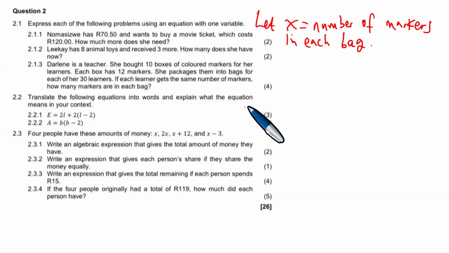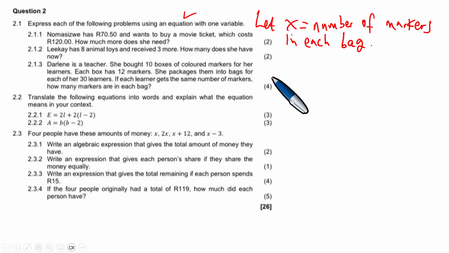Now we need to find X. Darlene is a teacher, she bought 10 boxes of these colored markers for her learners. But now you need to express each of the following problems using an equation with one variable. So let us do this.